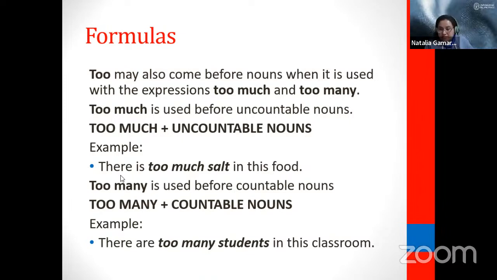Nice. Yes. And in that one, remember you can use the consequence with the infinitive. For example, you can say, there's too much sun today to go out or to go to the beach. Good. That's one with "too much".